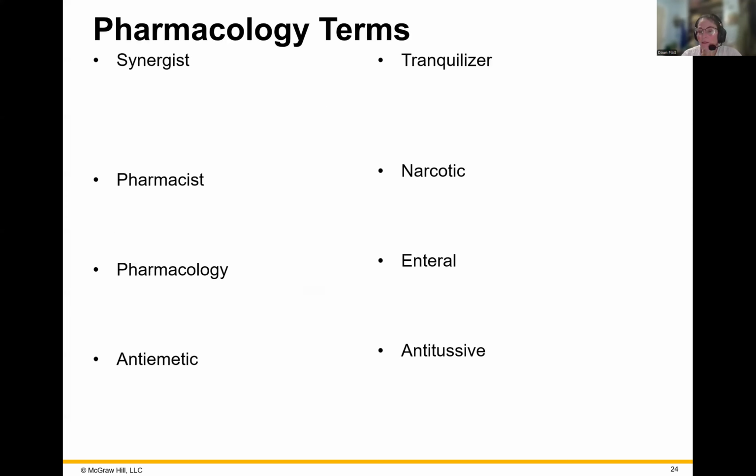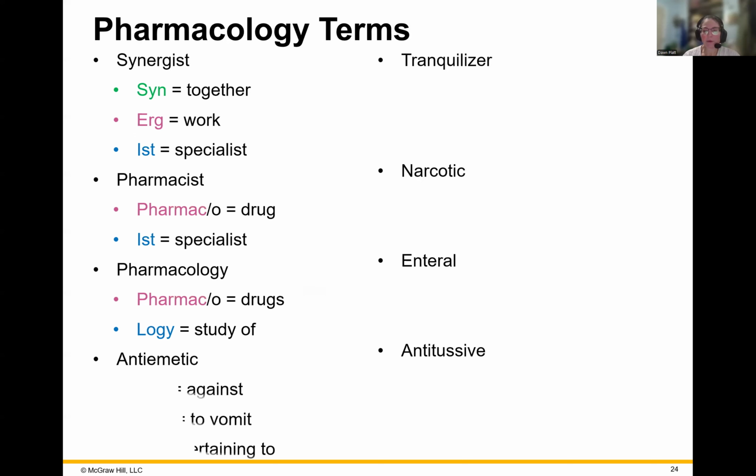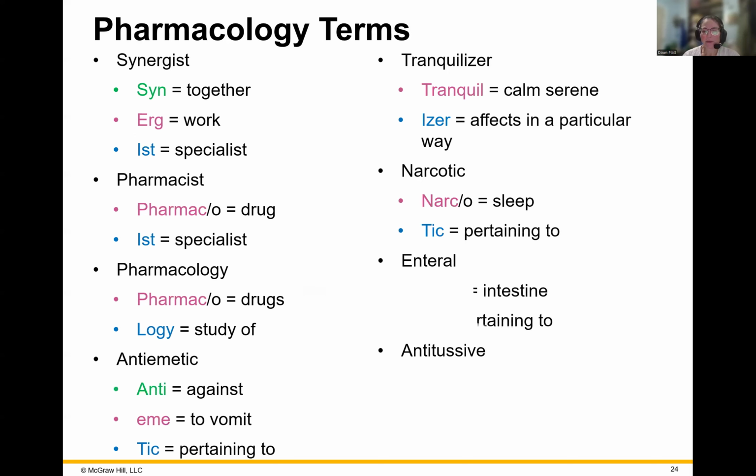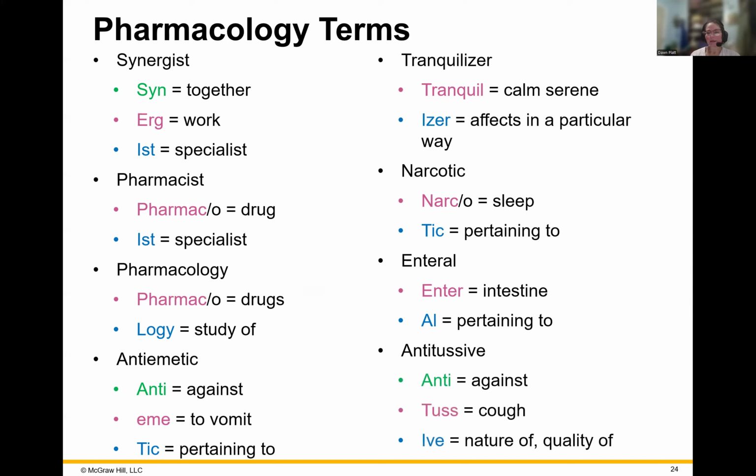Some other terms that you're going to see, again, this is just kind of a little review. Let's just open them up one at a time so you guys can review these. Again, like I stated in my other videos, look at the term, break it down, identify the prefix, the root word, and the combining form, and then the suffix, and then determine what the meaning of each word part is, and then put it together to determine the definition of that entire word.